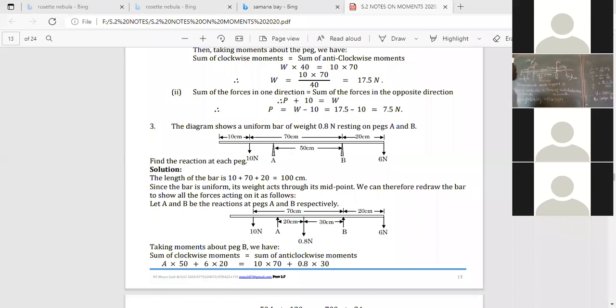I'm applying it with what distance? 30. Thank you, girls, because you have enabled me to find that the distance is 30. It is 80 subtract 50, so that is 30. Any other moment? I think those are the only moments we have.